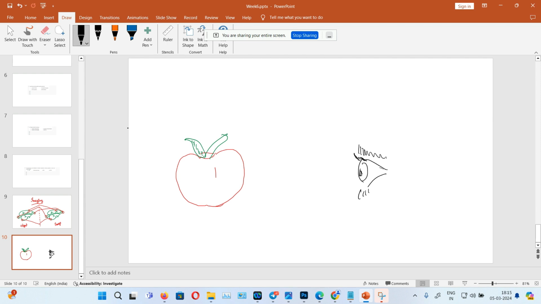There should be some light source, be it the sun or something else.